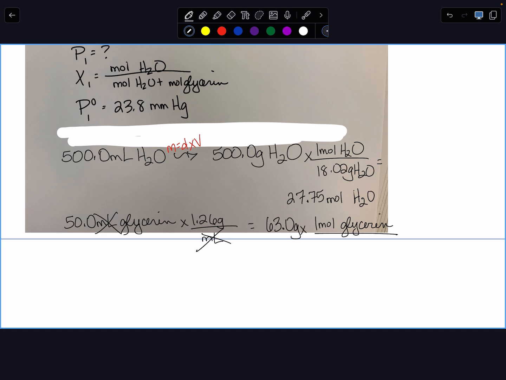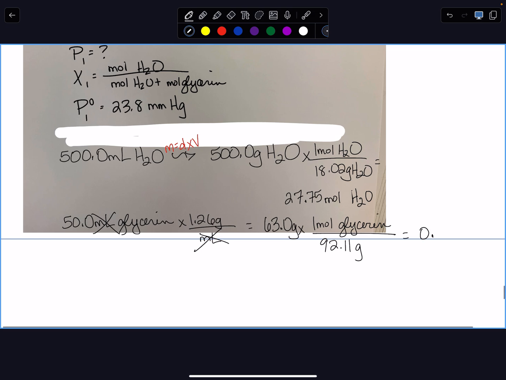What do y'all get for molar mass? You get 168. For molar mass or for moles? Okay, mass, okay. 92.11. Yeah, 92.11 grams per mole for the molar mass, and so I got that to 0.684 moles of glycerin.